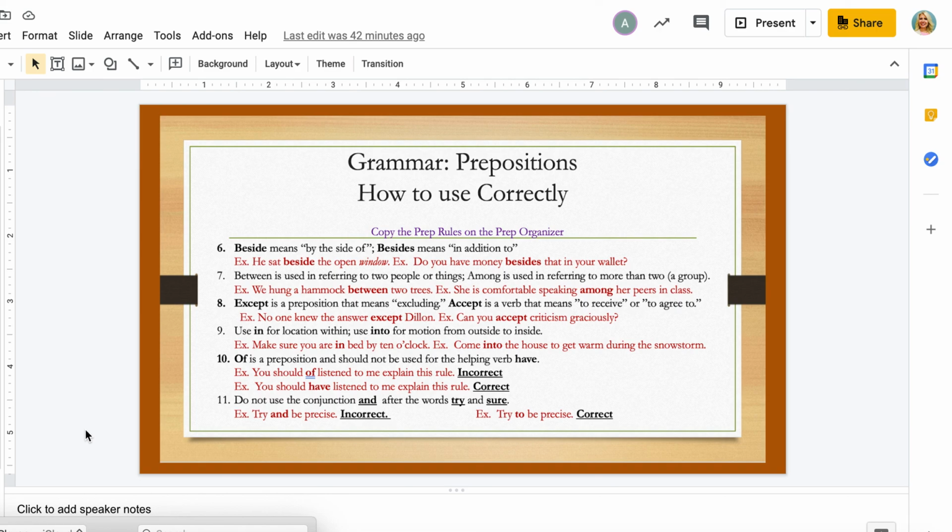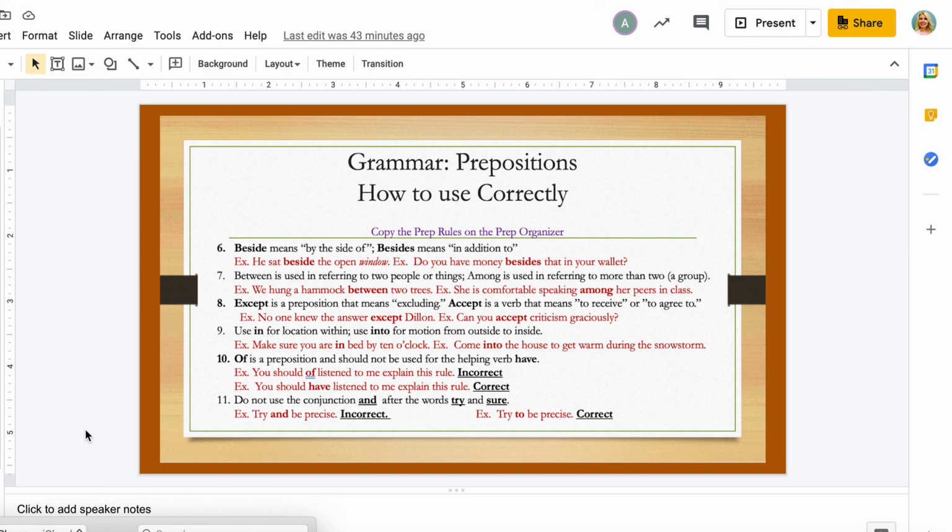Someone would say, try and be precise. Okay, the question is, do you want me to try to be precise or do you want me to be precise? They're two different ideas and you're mixing them together and they should never be put together as such. So the correct way to say this is try to be precise.